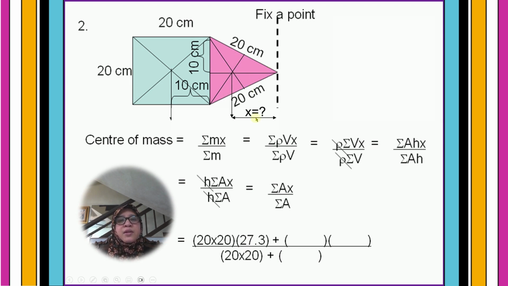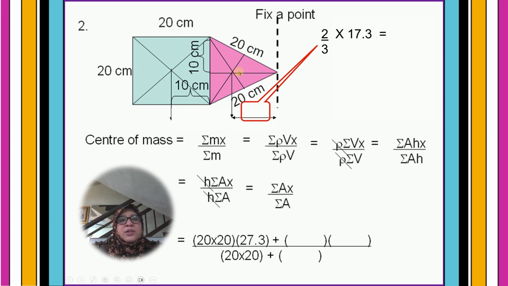So we can find the distance from the fixed point to the equilateral triangle. To find this x, it is found that the center here is two-third from the fixed point. You can prove this using maths method, but we don't want to go into detail on that one.